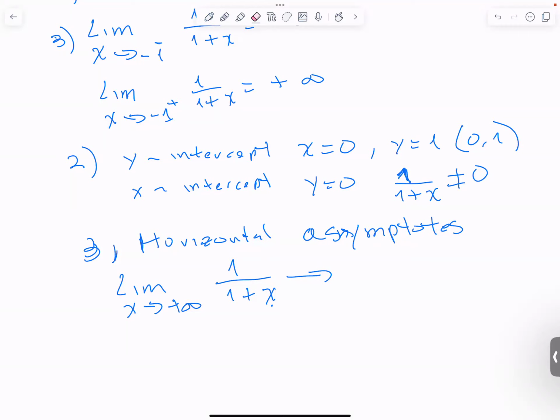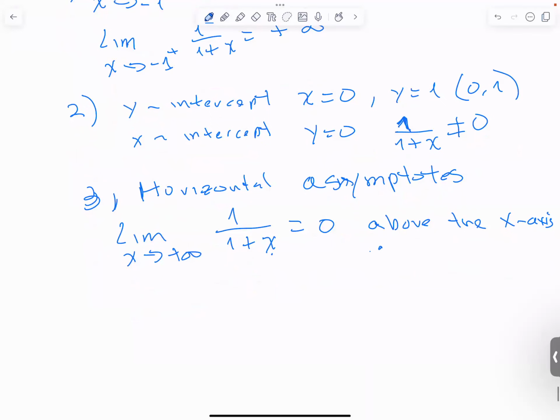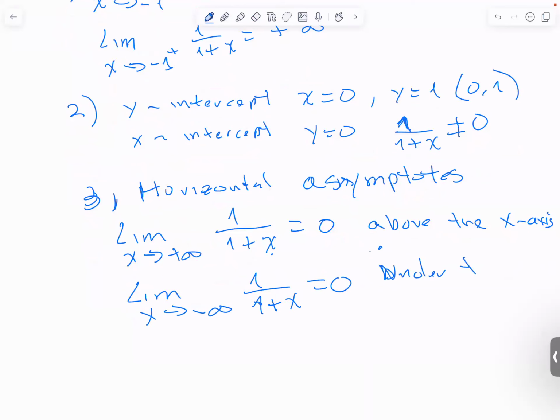The limit of this function when x approaches positive infinity is going to be 0, but above the x-axis. And now let's do the limit when x approaches negative infinity of 1 over 1 plus x. The denominator is getting bigger, but in a negative way. That means it's going to be 0, but below the x-axis.